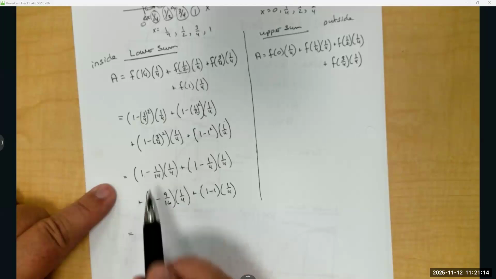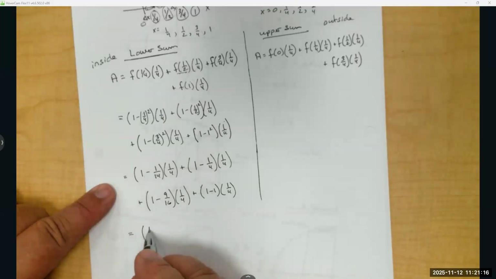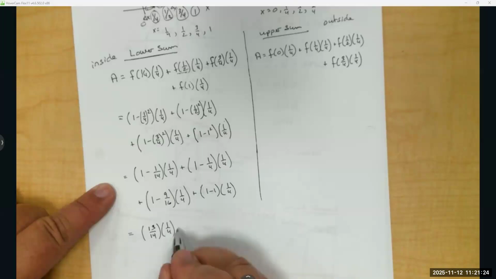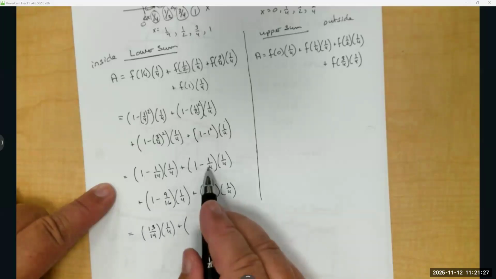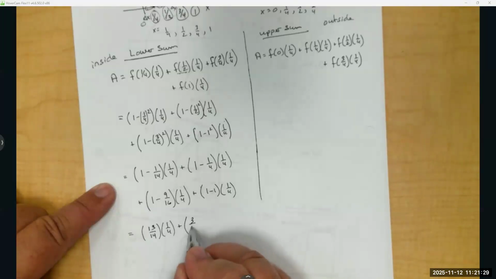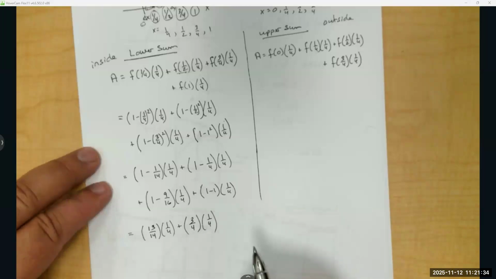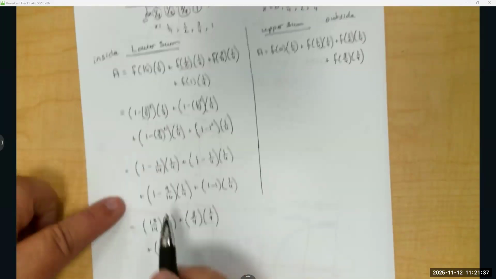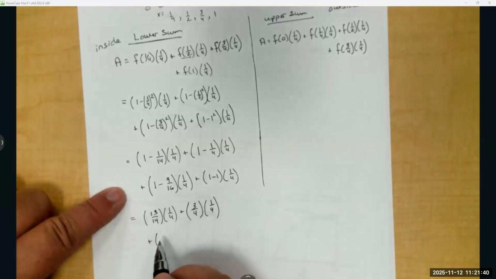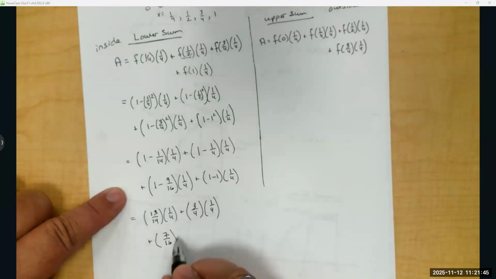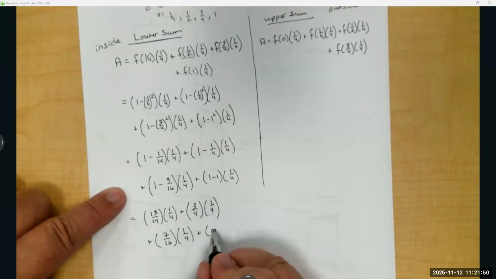So the first one, 1 minus 1/16 is 15/16. 1 minus 1/4 is 3/4. 1 minus 9/16, so 16 minus 9 is 7/16. And then 1 minus 1 is 0.